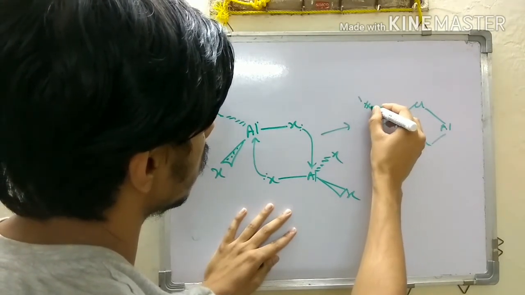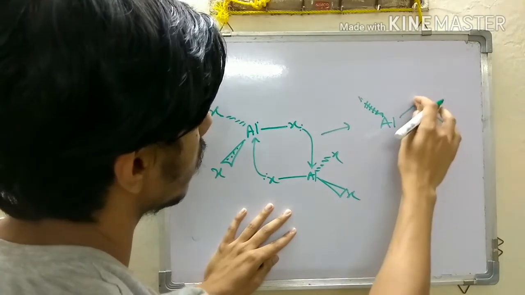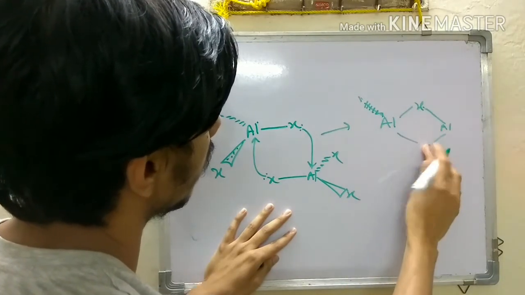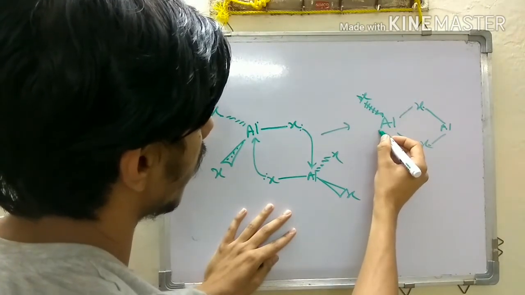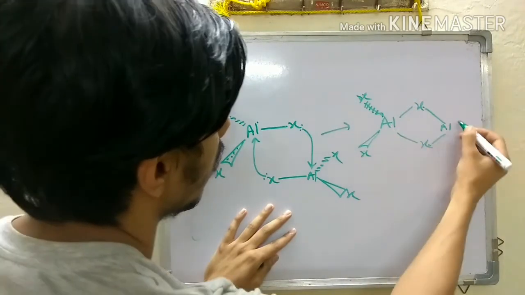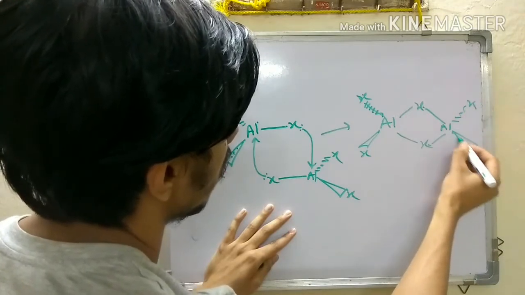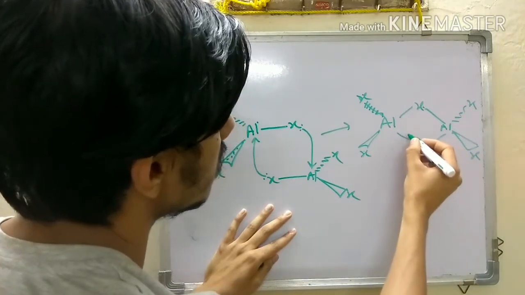Here X, I represent by the general halogen term. It can be chloride or bromide, right? Now you can see this is a sigma bond.